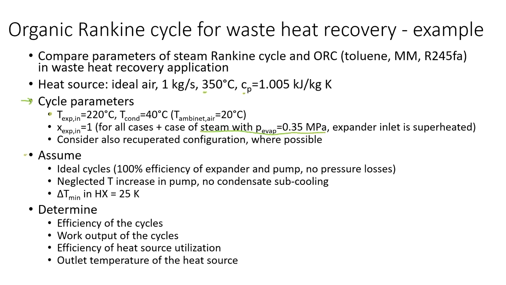And for the cycle assumptions, all the cycles will be ideal. Therefore, 100% efficiency of expanders and pumps, no pressure losses. We will also neglect for simplicity the temperature increase in the pump, and we will not have any subcooling of the condensate.